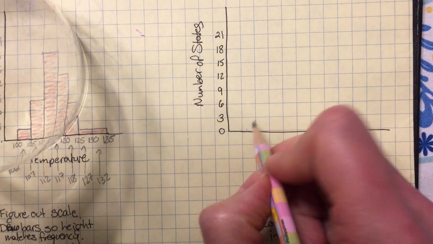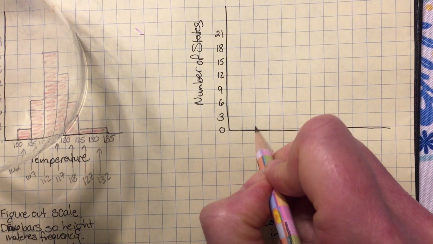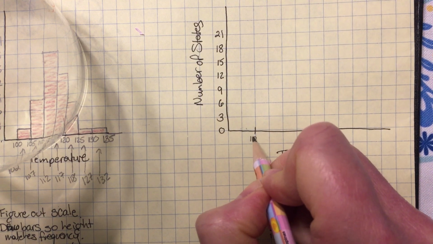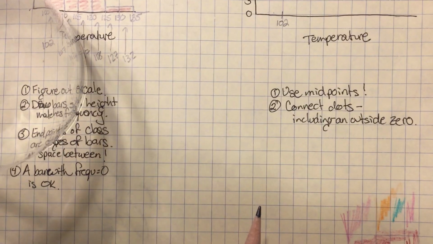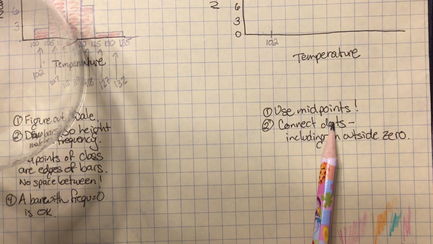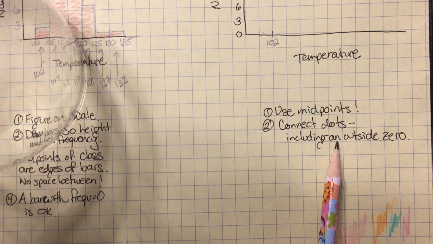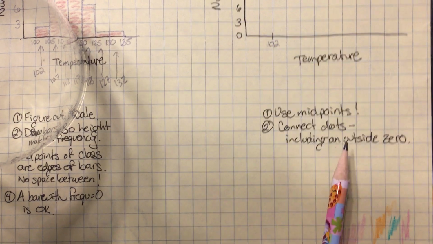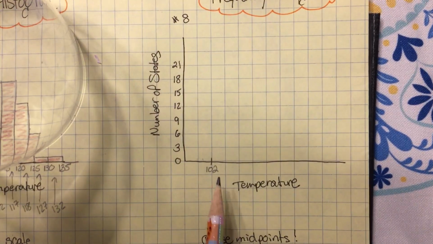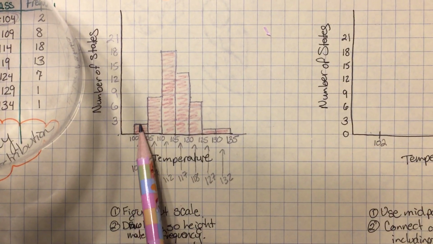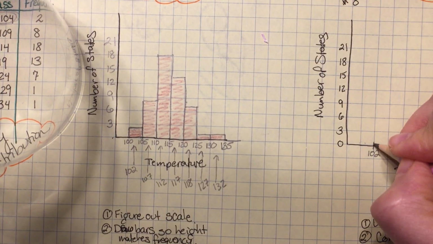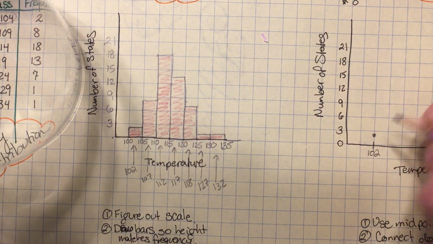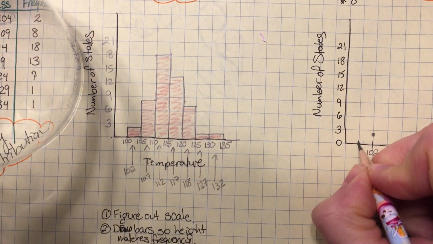So here I'm going to have 102, but here I've got some steps. I'm going to connect my dots, but I want to be able to connect with a dot on the outside that's down at 0. So my first dot for that first bar, which was up at a height of 2, I want to be able to connect it with the ground.